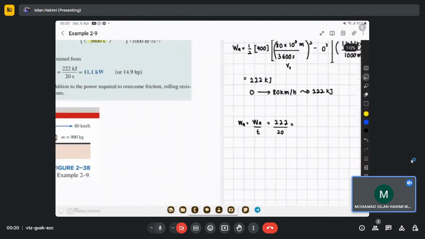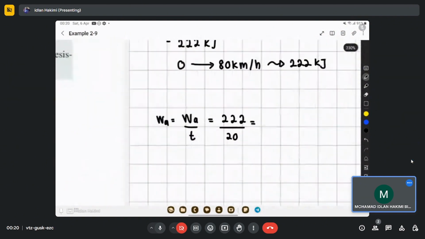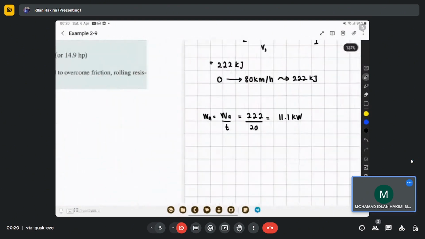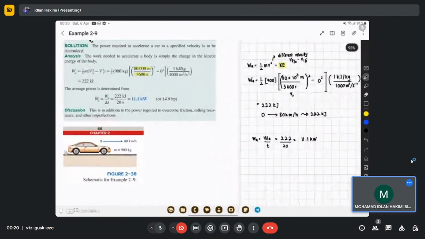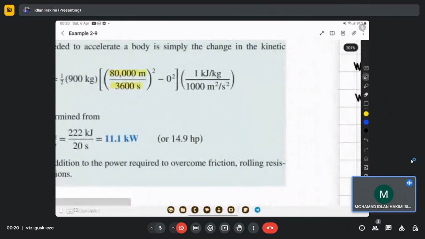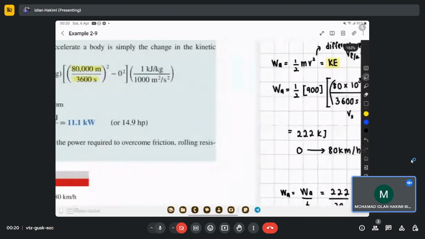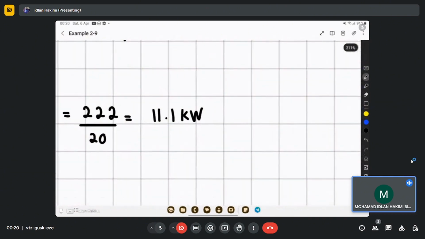The answer we get is 11.1 kilowatts. Or we can get the answer in horsepower, 14.8. How do we get that?